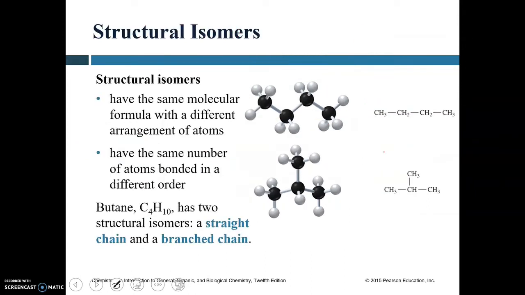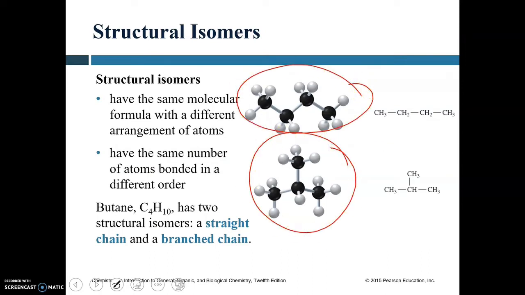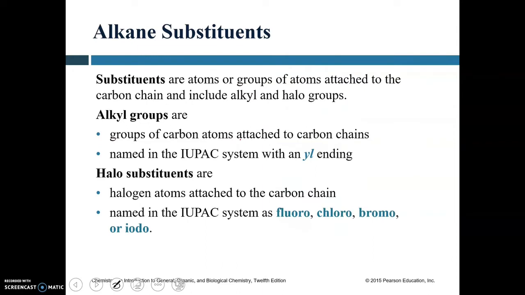So here, 2 structural isomers of butane, straight chain and branched chain. These 2 molecules are called structural isomers because they have the same molecular formula, but the arrangement of atoms is different. So basically, the same number of atoms is bonded in a different order.